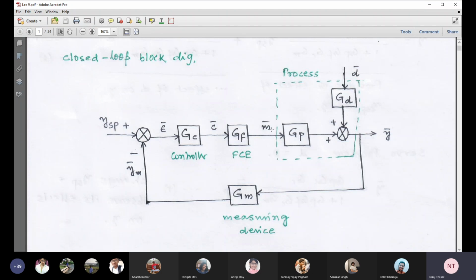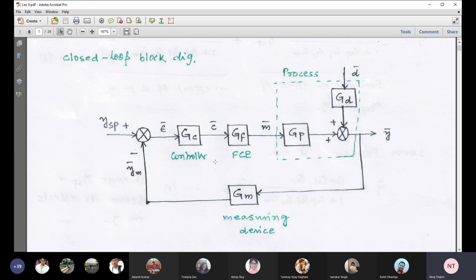So M is the manipulated variable and D is the disturbance variable. Now let us consider all four elements one by one: process, measuring device, controller, and final control element.